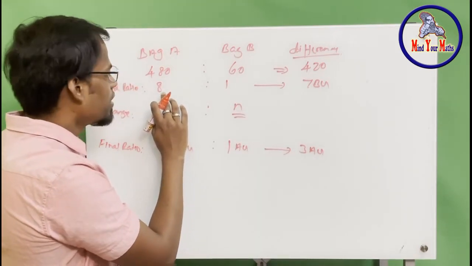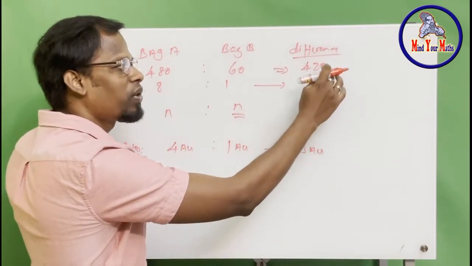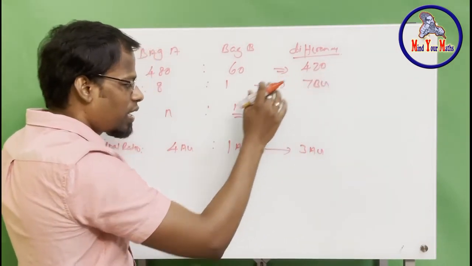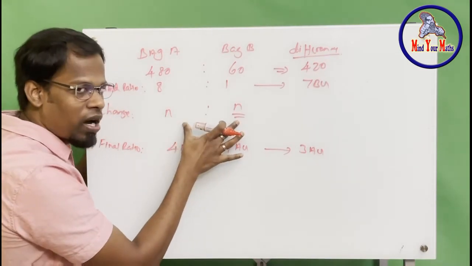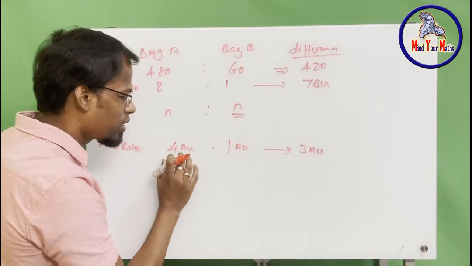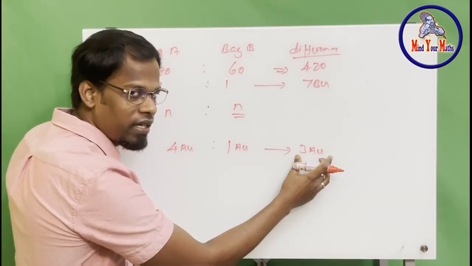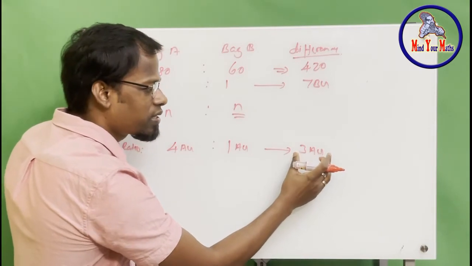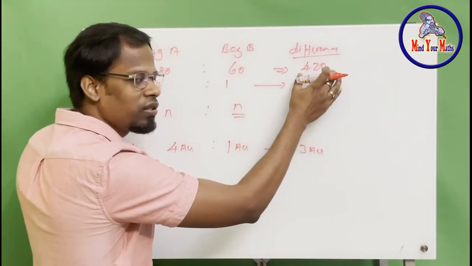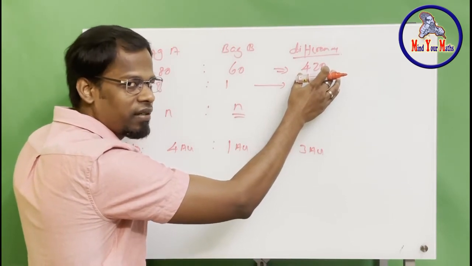At the beginning, 8 minus 1 is 7 before units, which was 420. After the marbles were added, it is 4 units and 1 unit; the difference is 3 after units. So 3 after units equals 420, because it's a constant.